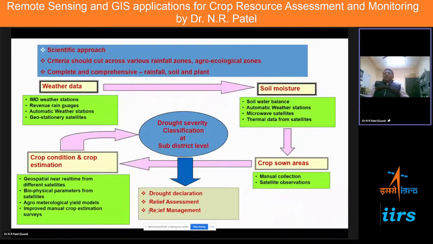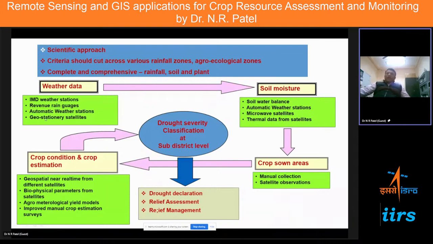So how this approach has evolved for agriculture drought monitoring with satellite remote sensing, because it is not only optical satellite data. There are many satellites whose data are available, which operate in different orbits to provide vital space observation to help monitor agriculture as well as agriculture drought.